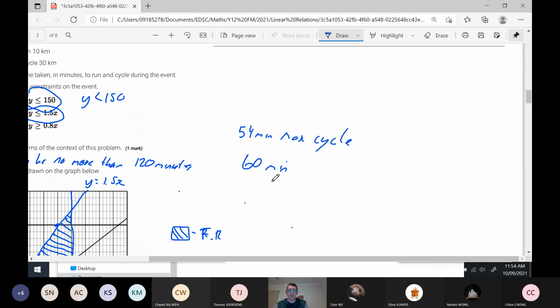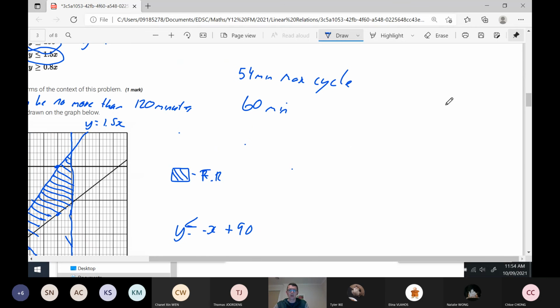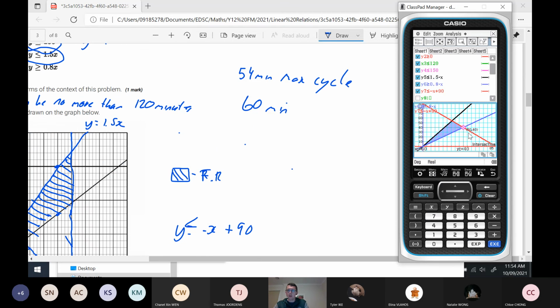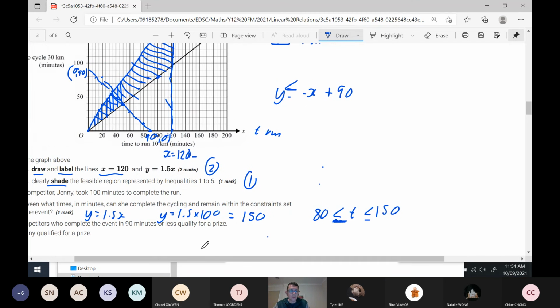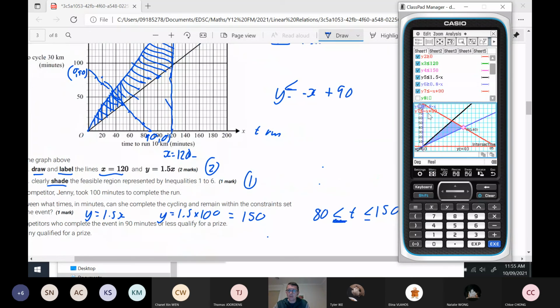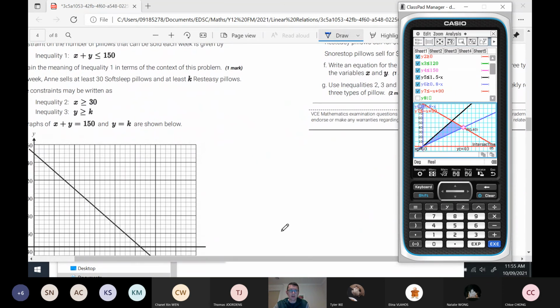I got 60 per cycle. Oh. Maximum run time, I got 60.